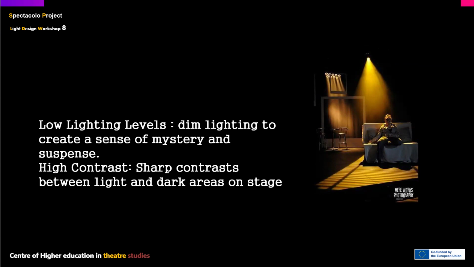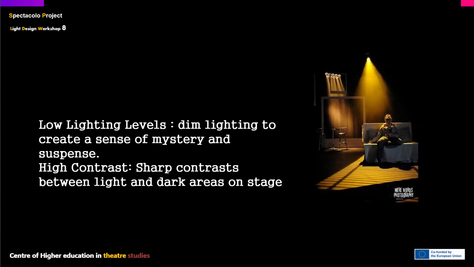Dimmer is that machine that takes our order from the console and sends it to the light projectors in order to be low lighting or high lighting and all the levels between them, in order to create a sense of mystery and suspense with the action on stage.